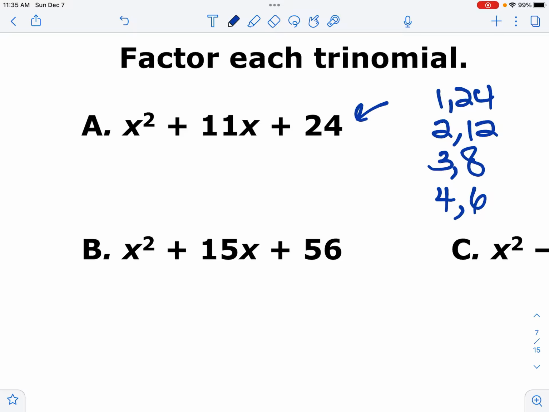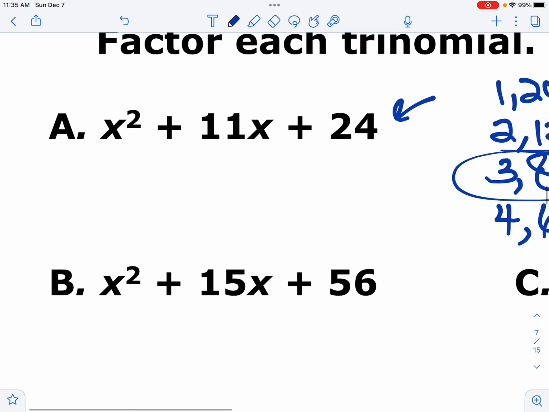So you can write them out. You can use a multiplication chart. You can use your calculator. But hopefully you'll start to get pretty good at this. The better you are at your times tables, the easier this is. But then you're going to look at those pairs, right? And you're going to say, which pair of those also adds up to be 11? Well, the only one that adds up to be 11 there is 3 and 8. So when I factor this, I'm going to have two binomials.